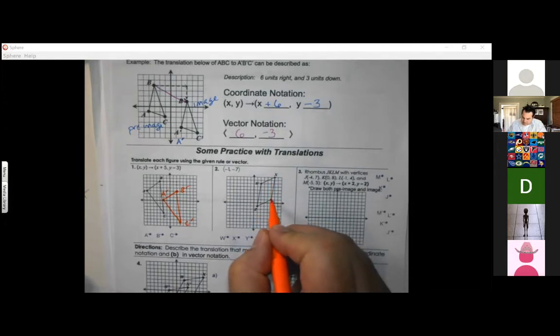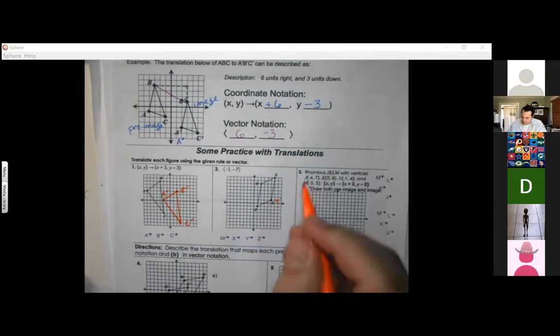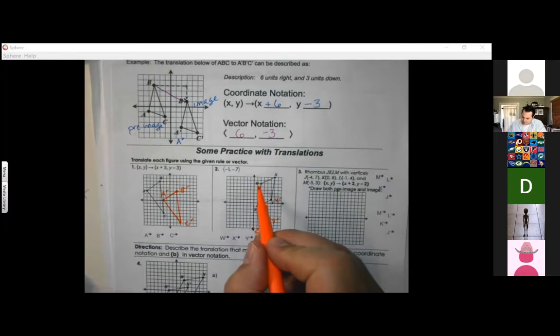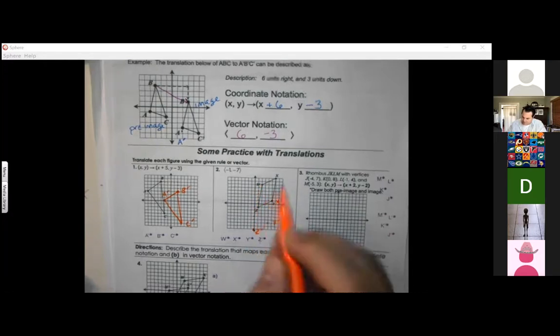It's going to land right on top of that Y value. This is going to go over 1, and then 1, 2, 3, 4, 5, 6, 7. That's Y prime. Over 1, 1, 2, 3, 4, 5, 6, 7. Z prime. Over 1, 1, 2, 3, 4, 5, 6, 7. That's right on top of Z.